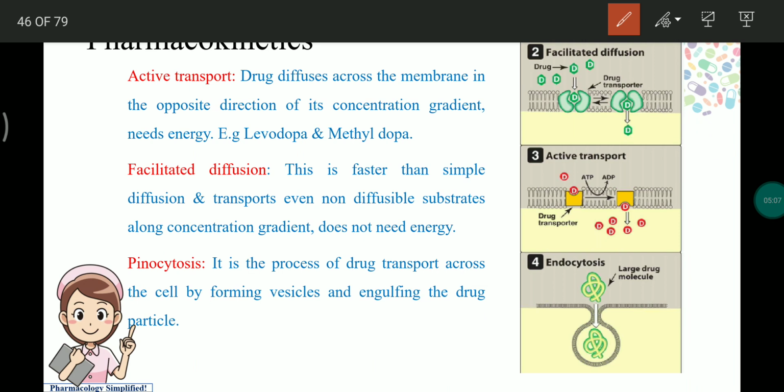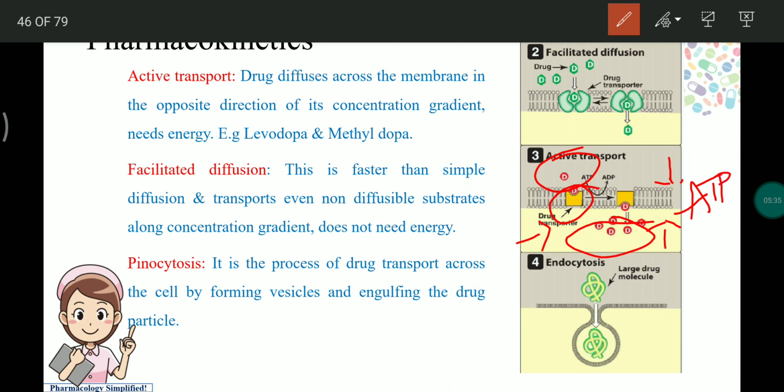This is the drug transporter. Here we have drug in higher concentration, and here we have drug in lower concentration. The drug is transferred into the cytoplasm from a place of lower concentration to a place of higher concentration, and this particular transport requires energy in the form of ATP.